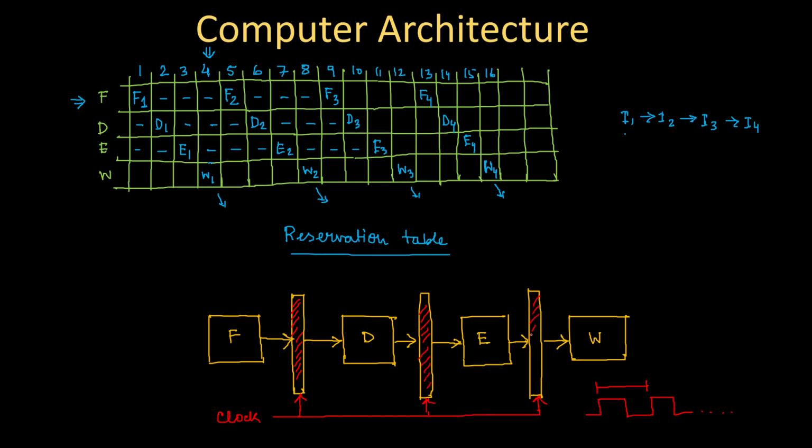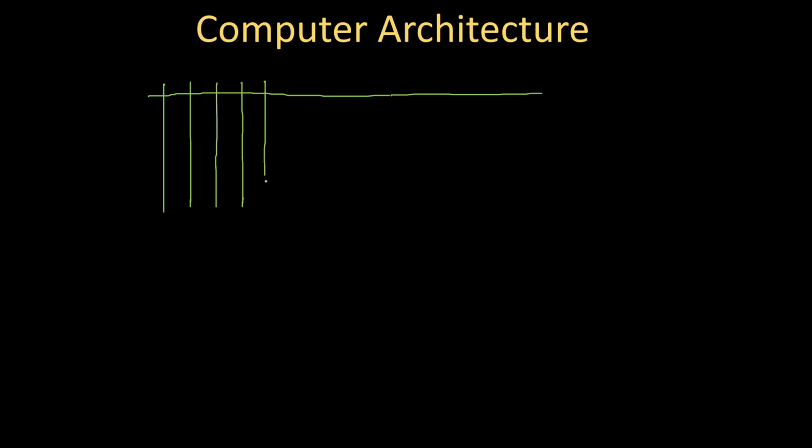So if I design my system something like this, let's see how it will reflect on the reservation table. Let's draw the reservation table again. In the x-axis again we have timing, and there are certain time slots I require to realize how much time is required to get those four outputs.